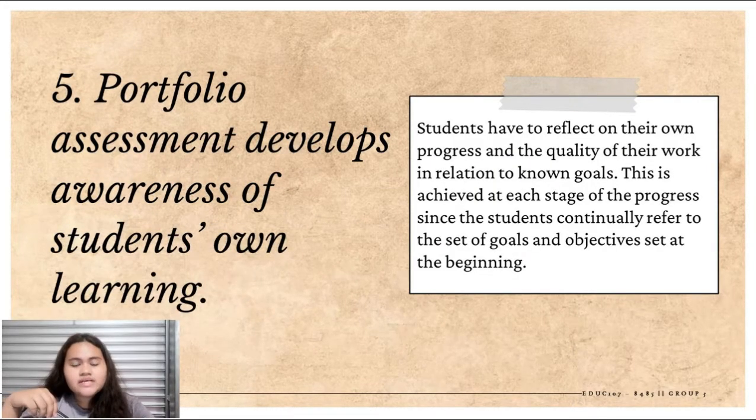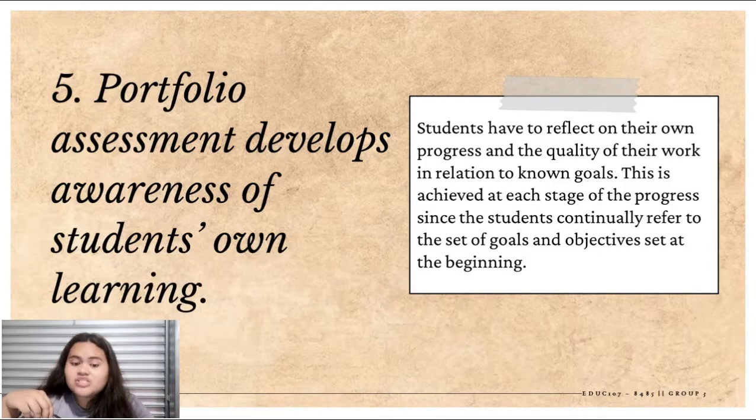Fifth, the students are able to form their own realization or reflection about their learning progress. And since the goals are already clear at the very start of the instruction, the students are able to monitor whether they were able to achieve those goals or not, and they are able to assess themselves based on the given goals.